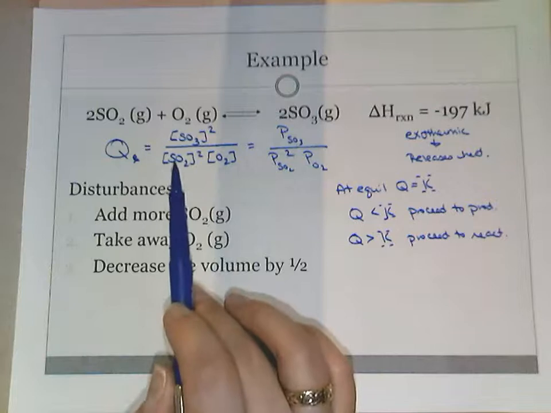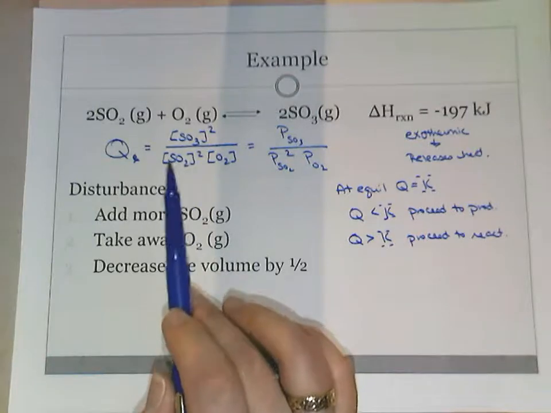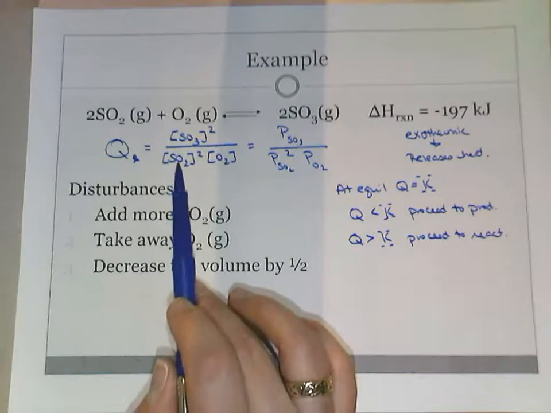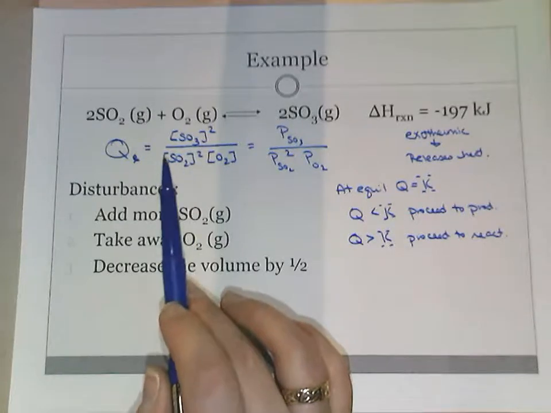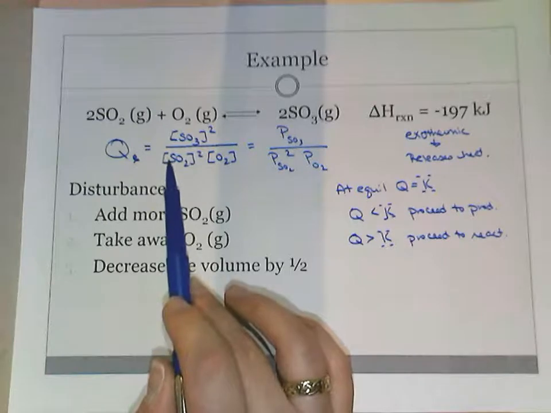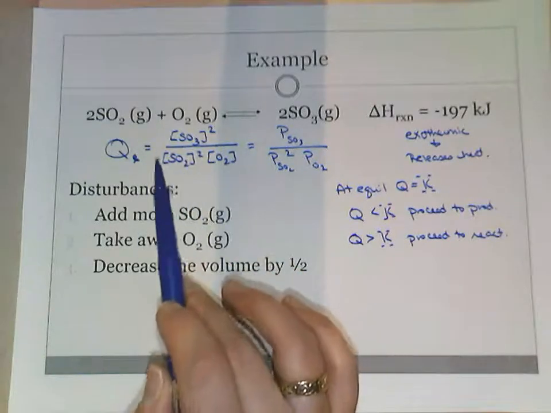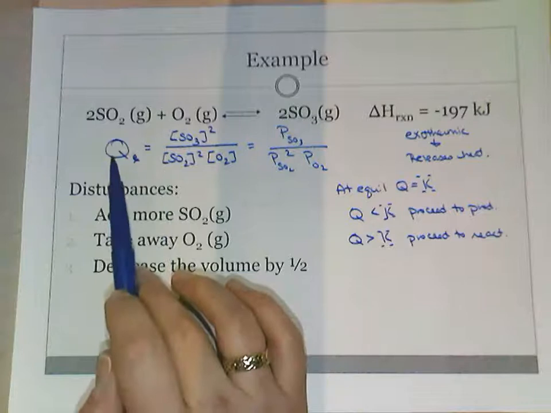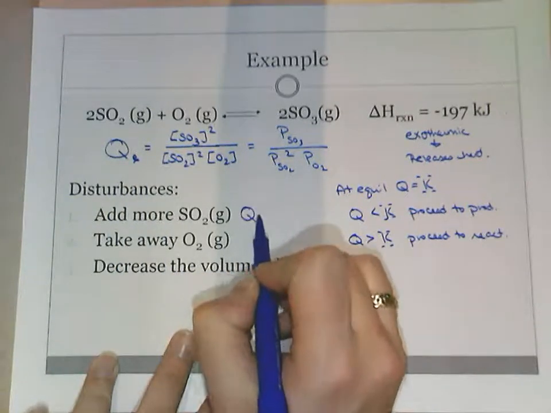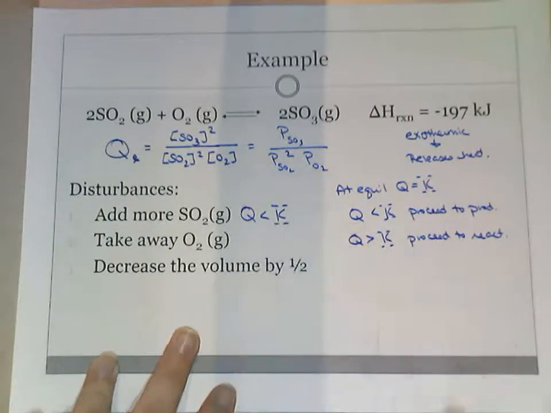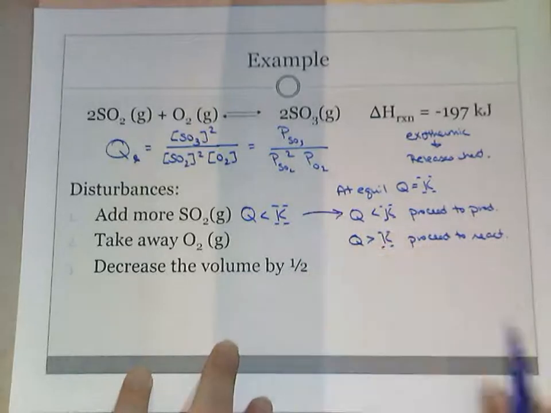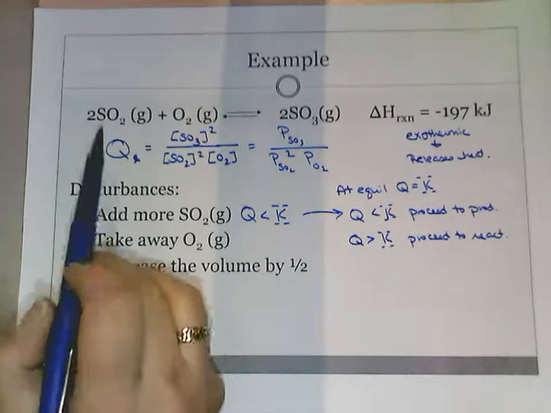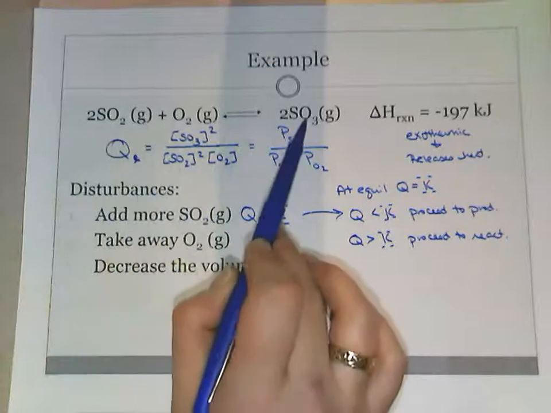So the denominator is going to get larger in Q versus what it should be in K. And so if the denominator gets larger, this whole numerical value gets smaller, which means Q is getting farther away from K. So if I add more SO2, Q is less than K, which proceeds to products. Which you could have guessed, right? I'm going to add more reactants. It should shift it to more products.